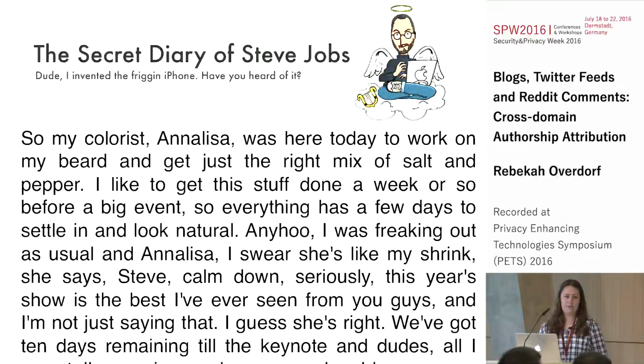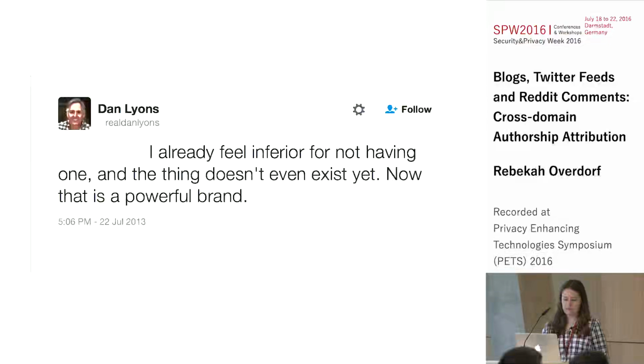But for all of them, there weren't other blogs that you could use as training data. You might instead, for example, have a Twitter feed. This ended up, Dan Lyons was the actual author of this blog, and he published a bunch of tweets that are kind of similar in sound to some of the blog entries from Steve Jobs.